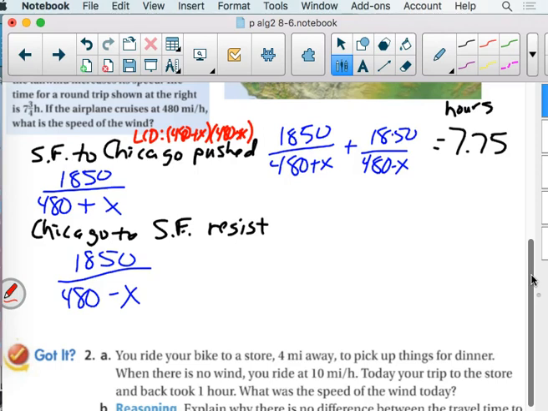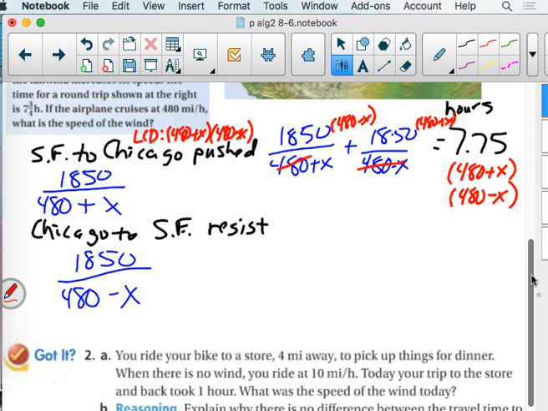So, because I need the room, what I'm going to do is recognize that the 480 plus x is just going to cancel out, and I'm just going to write the 480 minus x here. And here the 480 minus x is going to cancel out, and we'll have to multiply by 480 plus x. And then we're really bad. We're going to need them both over here.